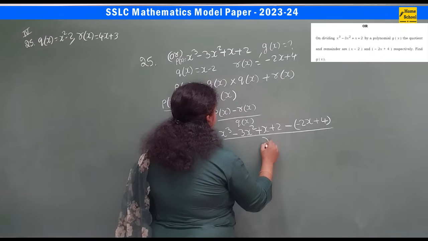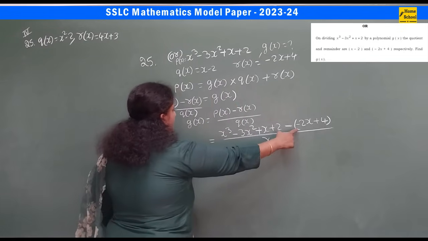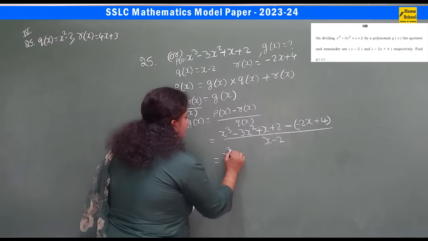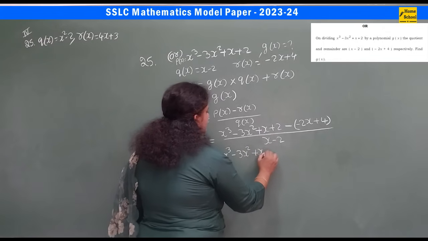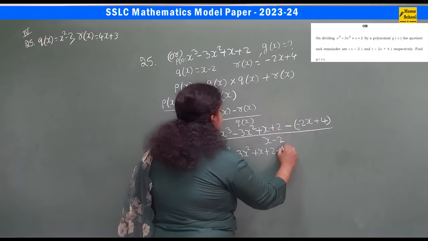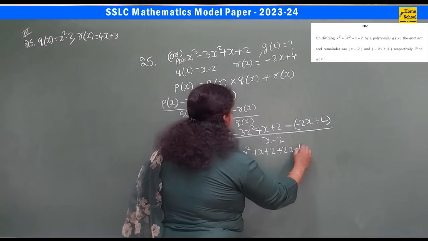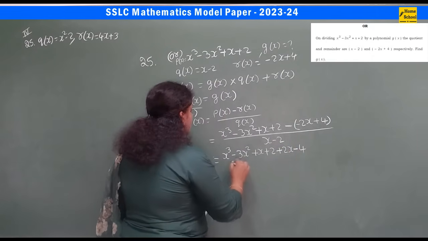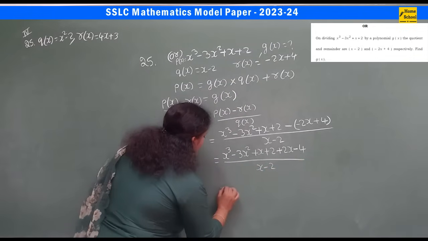Q of x value is x minus 2. Now remove it from brackets. X cube minus 3x square plus x plus 2 minus into minus plus 2x, minus into plus minus 4 into 1 will be 4, by x minus 2.